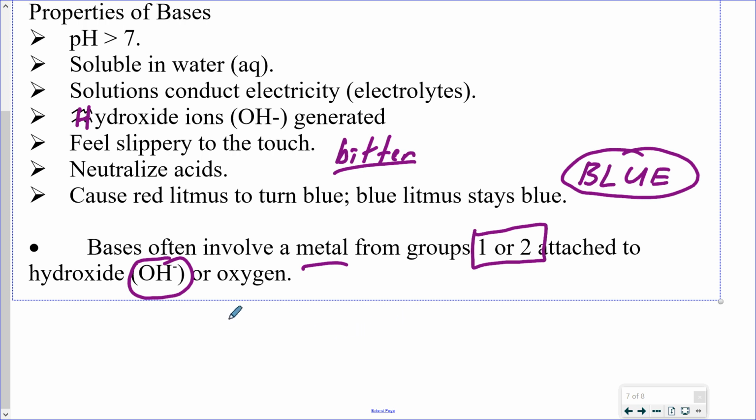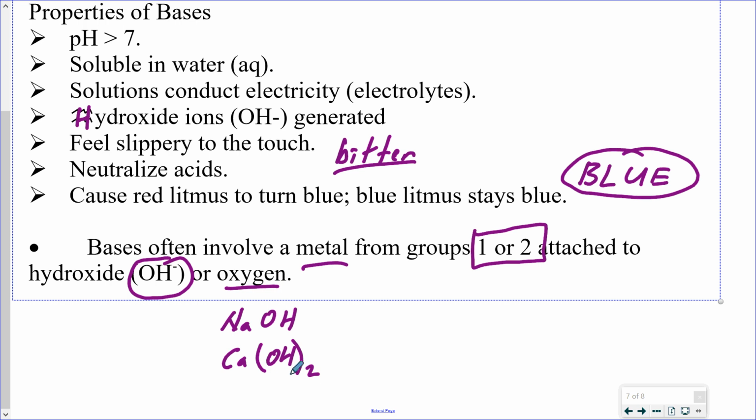So let me just jot down a couple of these. I probably have some on the next slide. But NaOH, metal from group 1 with OH, that's a base. Ca, you still need to have the formula right here. Ca(OH)2, calcium hydroxide, metal from group 2 with OH, that's a base.